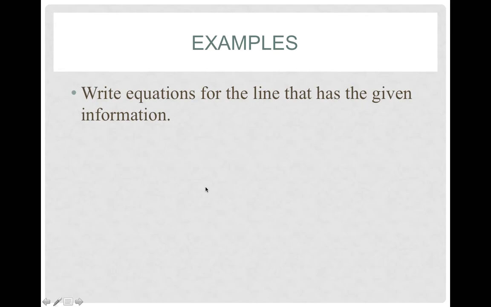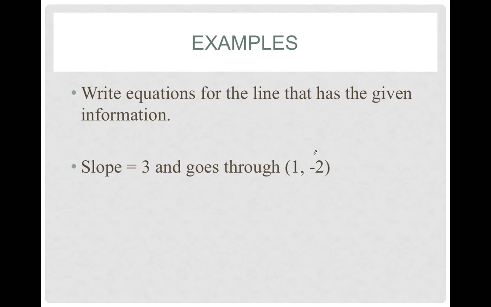All right, I want to write some equations here. The first equation that I want to write is for the slope of 3 that goes to the point 1, -2. Now, I gave you a couple slides ago the equation called the point-slope. Well, that means I need a point and the slope, which means I have it.